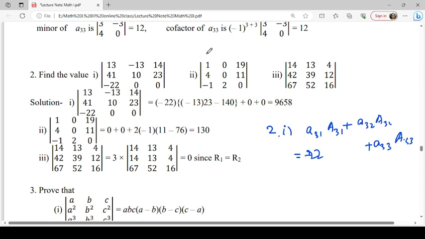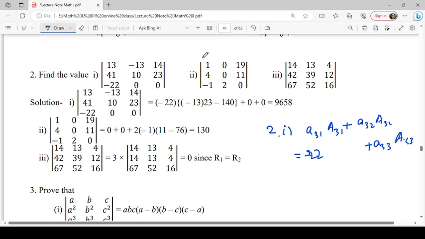So this value is a12 A12 plus a22 A22 plus a32 A32. Here a12 is 0 and a22 is 0, so we need not compute these values and can just write 0.